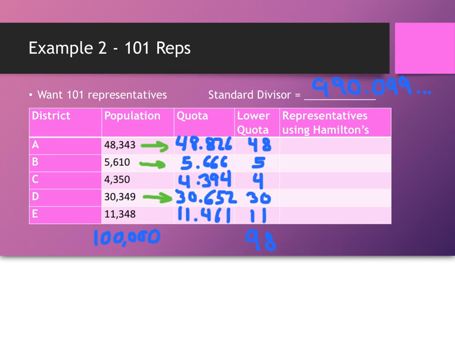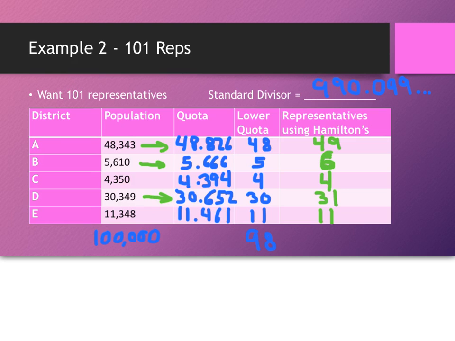So in this case, the number of representatives using Hamilton's method would be 49 for District A, 6 for District B, C would have had 4, D would have had 31, and E would have had 11.